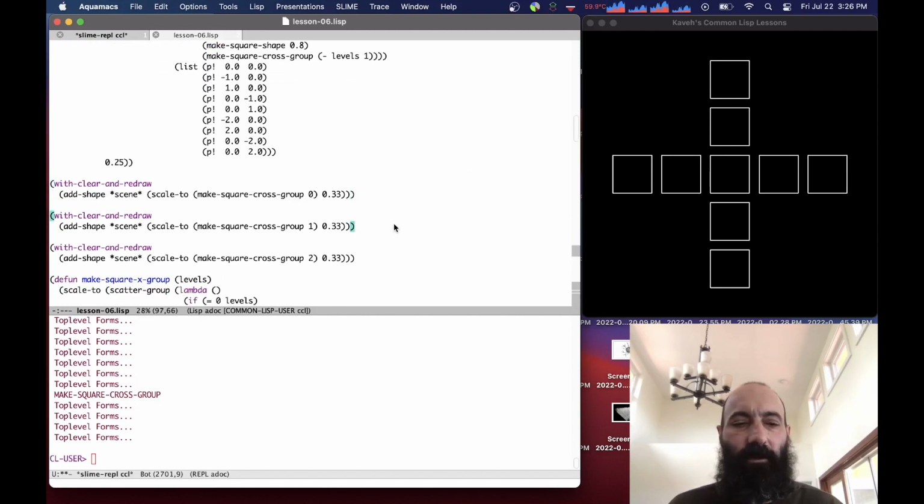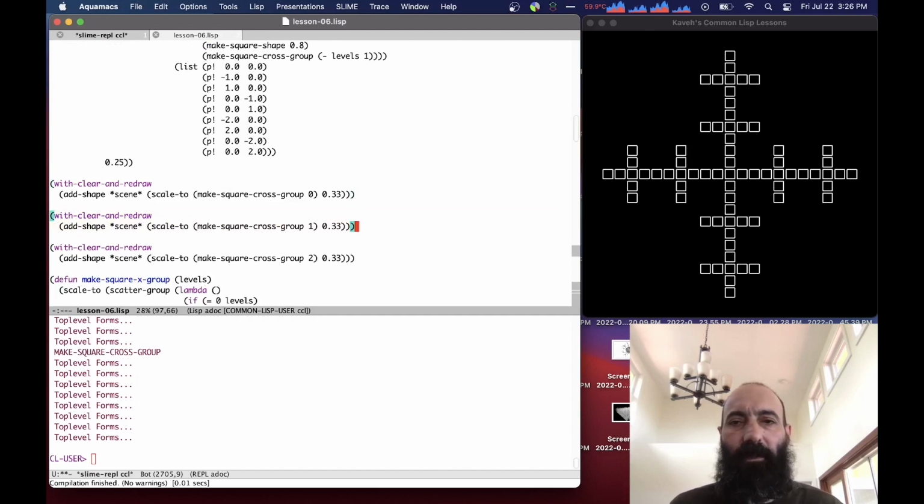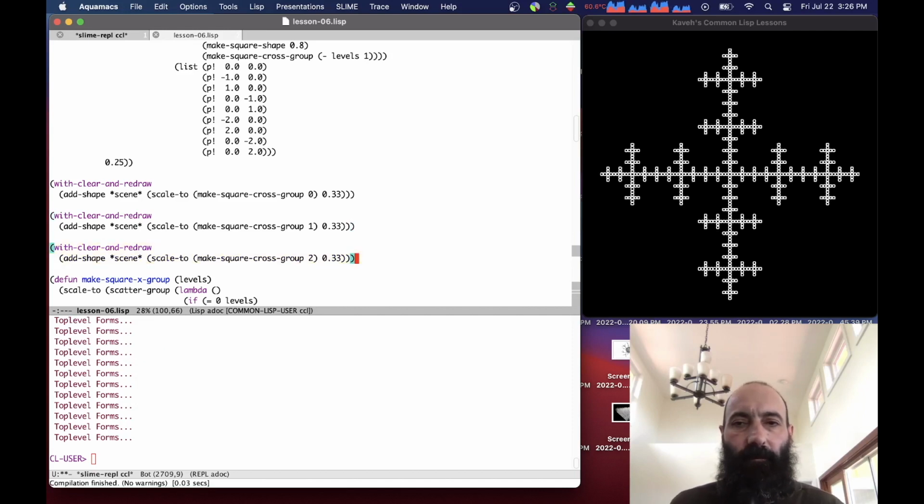If we want 1 level of recursion, we get this. So you can see that this is our original shape, and now it's replicated many times. And if you give it 2 levels of recursion, we get this.